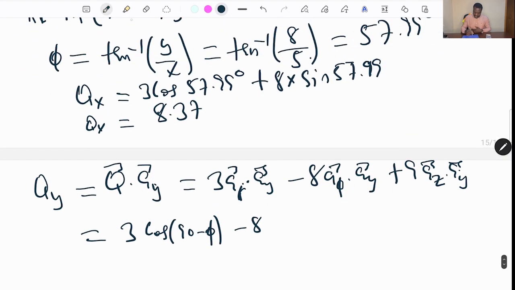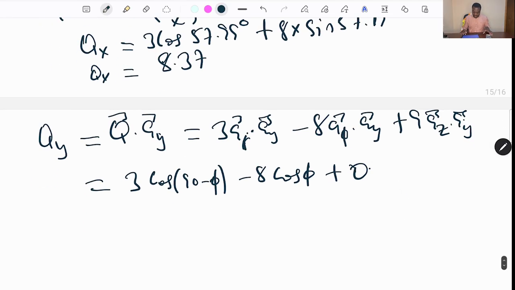So here will just be cos phi. Then plus 9 times 0, because these are unit vectors of different coordinate systems, so here we get 0.